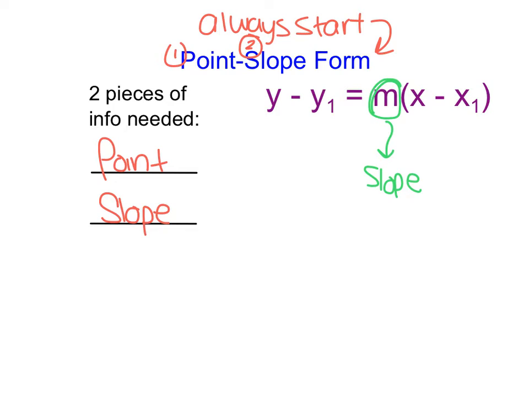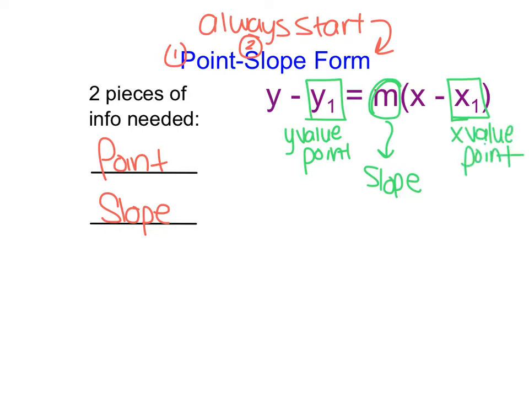Then from here you see y1 and x1. This means the y value of the point that you know, and this one represents the x value of the point that we know.